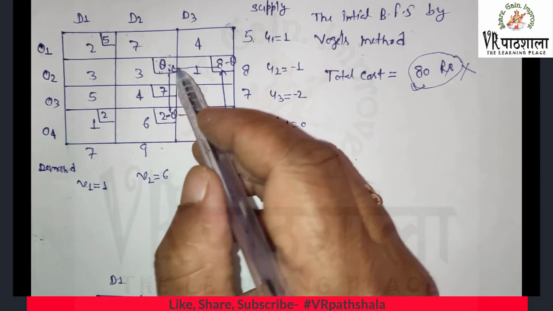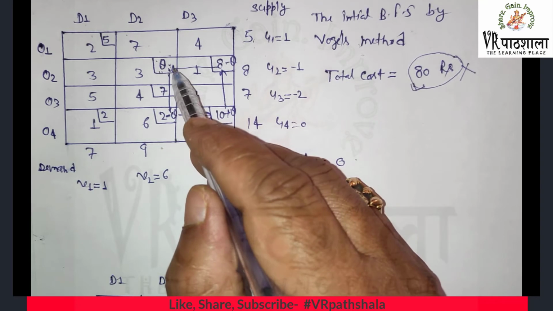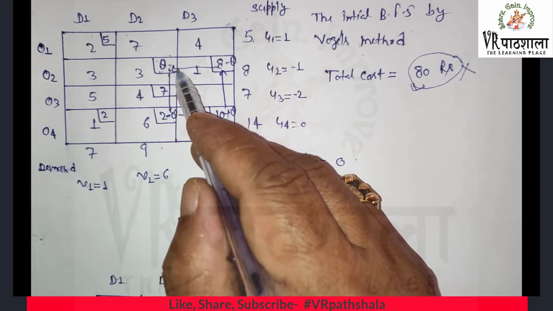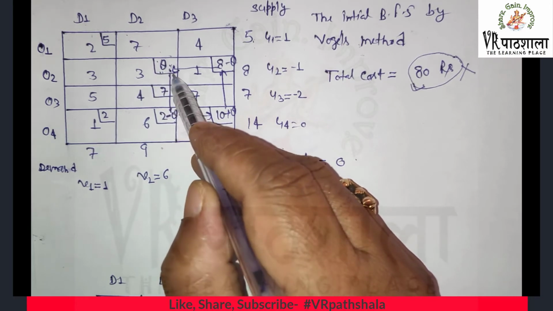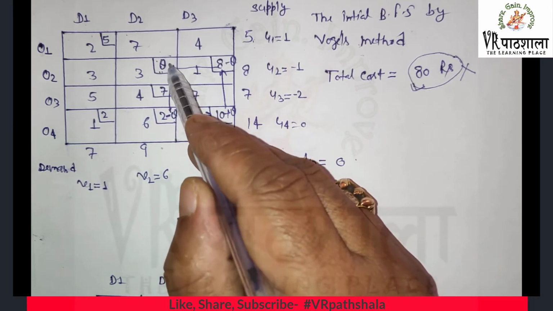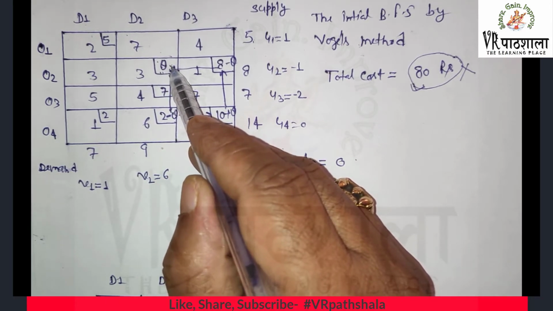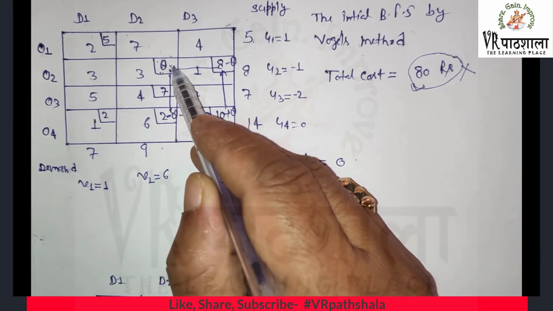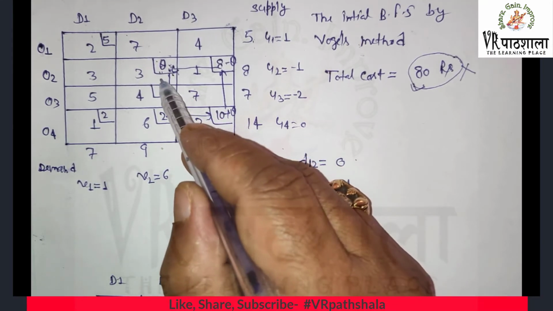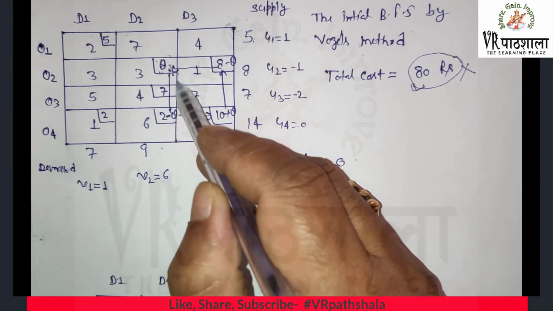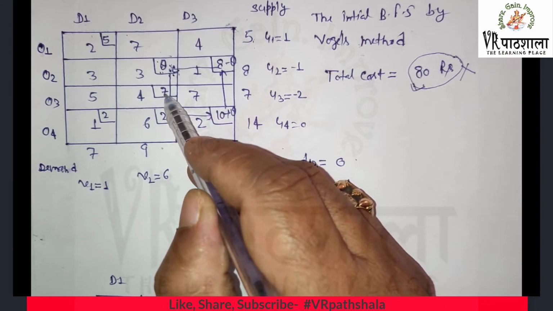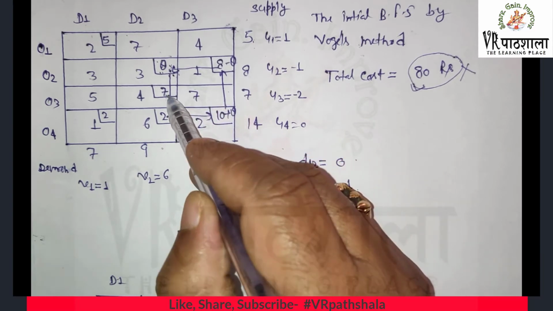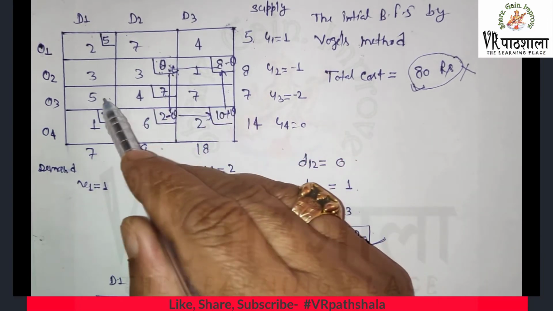Once more, to make this clear: D22 is negative, so we need an allocation in this cell. We introduce the allocation plus theta. Now we move to the next allocation. Here this allocation is bypassed because in this row we have no more allocation.